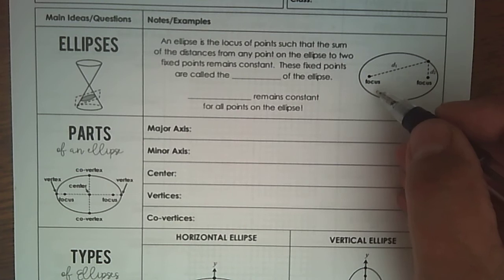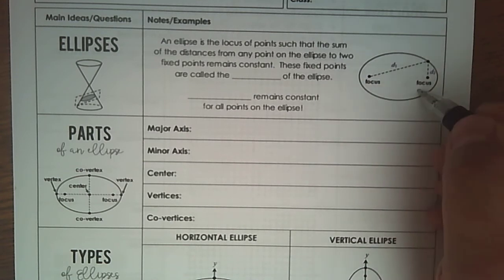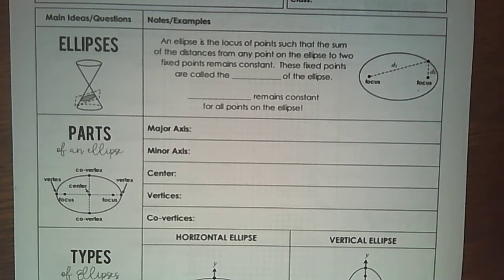So focus is one. Two of them, you would call foci, F-O-C-I. Anyways, take any point and you measure the distance to both of them. They will always add up to the same number, no matter where you're at. That's the mathematical definition of it.